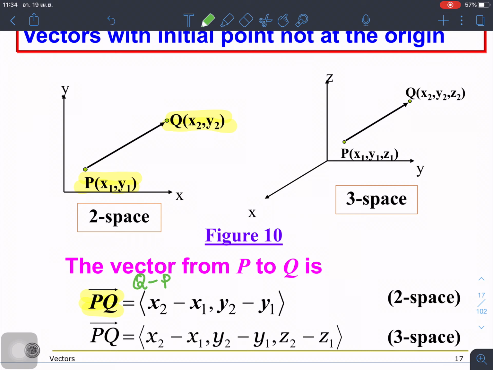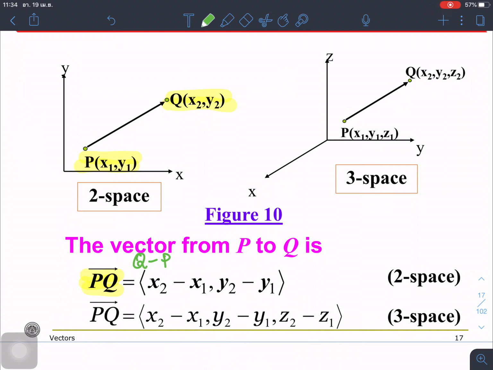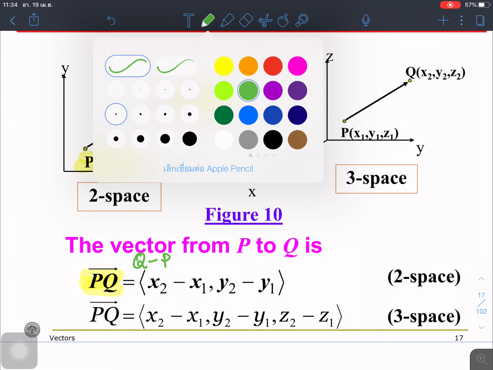So you set up like this. You use the point Q, and then you subtract P from Q. Okay, so here is what you get. It's gonna be x2 minus x1 and y2 minus y1.